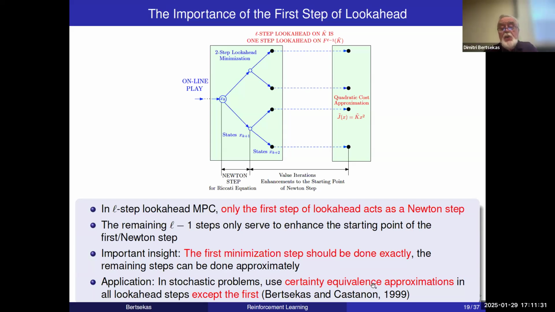Well, you can use some kind of certainty equivalence approximation in all the look-ahead steps except the first. The first should be stochastic and accurate. The subsequent steps can be deterministic approximations using some form of certainty equivalence assumption, or perhaps some other scheme. We're going to play with things like that in the course later. But this idea has been verified over many years, starting with this paper 25 years ago, in many settings. It's the first step that's important, not the remaining steps.